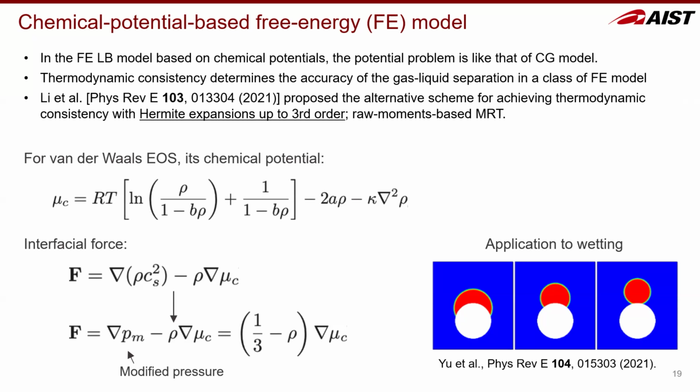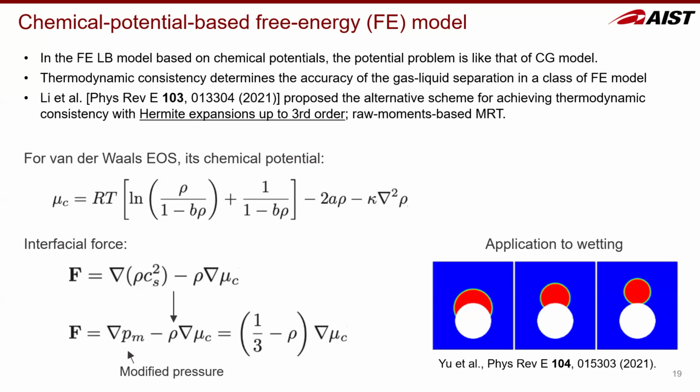Lee et al. proposed an alternative scheme for achieving thermodynamic consistency with the use of Hermite expansions up to third order. Here we use the van der Waals type non-ideal equation of state. And its chemical potential can be written analytically as shown here.